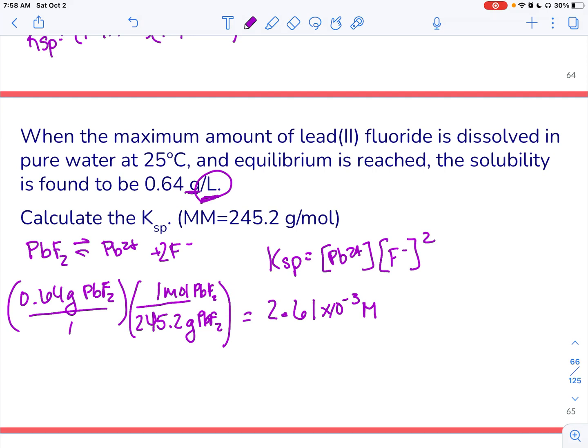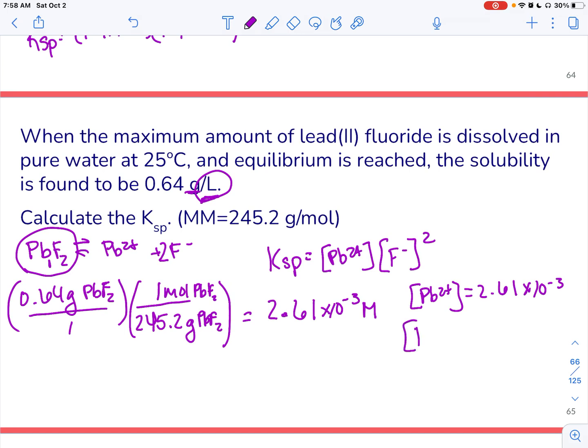So now our molarity of Pb2 plus is going to be exactly that. Okay, so your molarity of Pb2 plus is equal to this because for every 1 mole of PbF2, you get 1 mole of lead because the coefficient is 1 on lead.